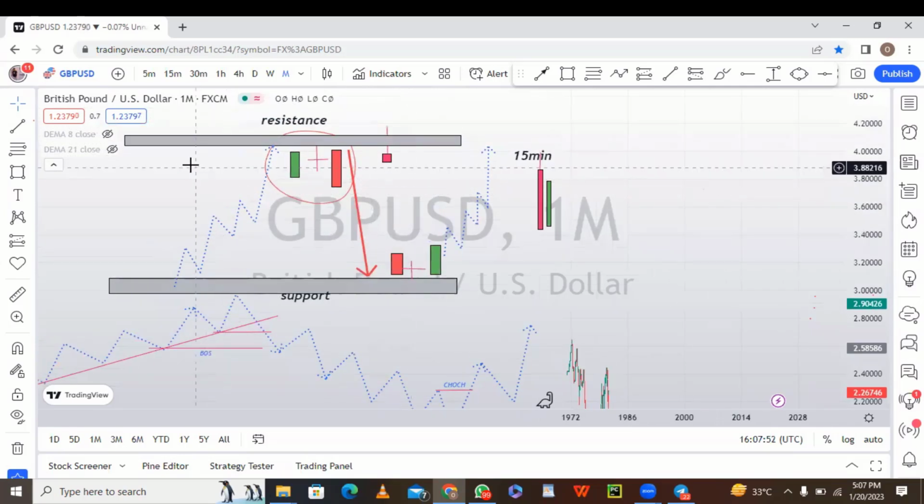Like I said, you want to see them at your resistance, and you want to see morning star or hammer at your support. If you don't know which zone is a valid resistance or which zone is a valid support, there is already an available video on support and resistance. So just make sure you go through the video to understand it better.